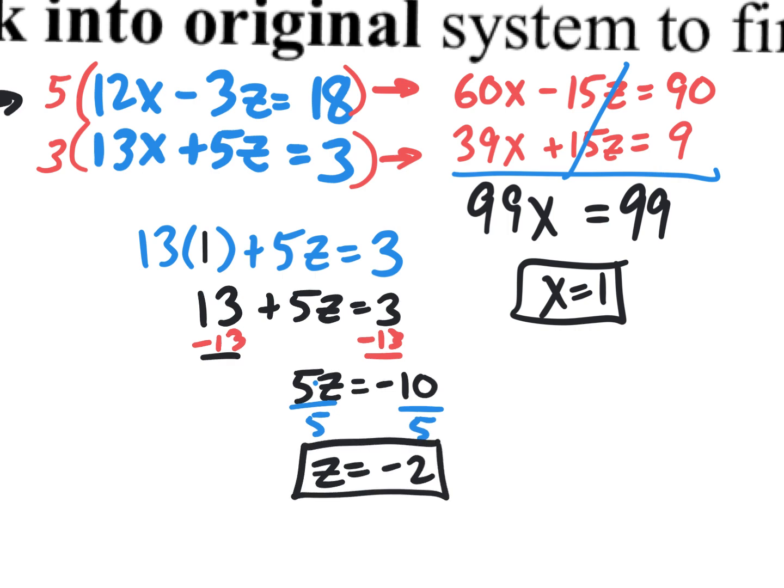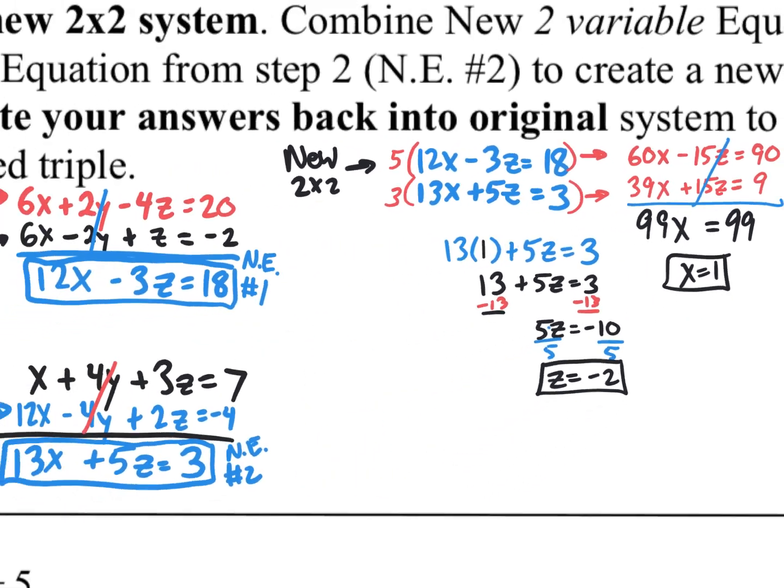So we have found the answer or the answers to this 2 by 2 system that we created, right? But of course we want to solve the 3 by 3 system. So in reality we have 2 of the 3 answers that we need.